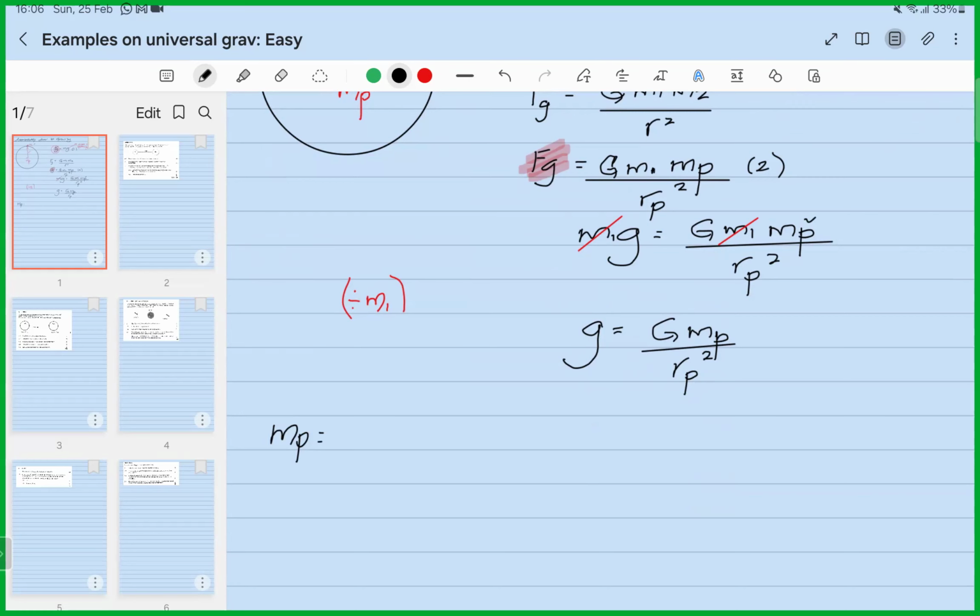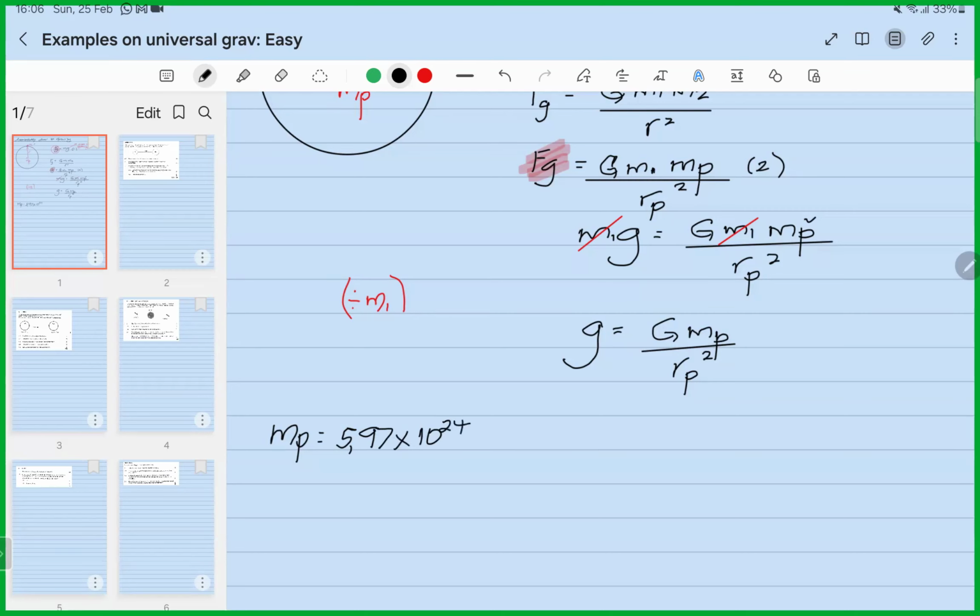From year to year, the examiner gives you a slightly different value for the mass of planet Earth. Sometimes they give you a very rounded off approximation of 6 times 10 to the 24. Sometimes they give you a very accurate value, which is 5.97 times 10 to the 24. So I'm going to actually end up using that.